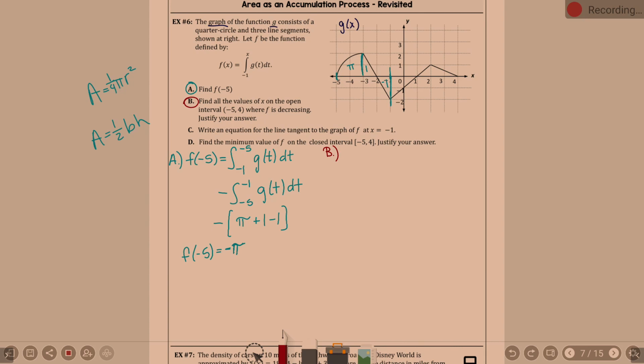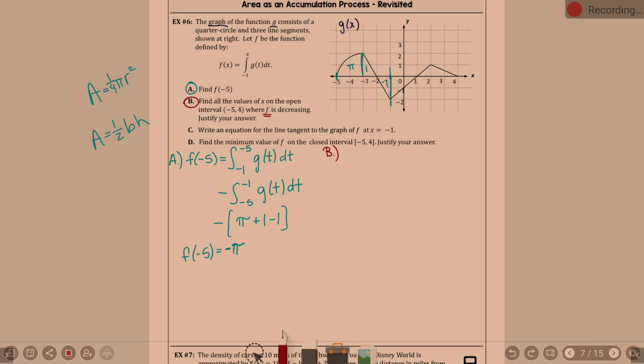We're being asked about f, not g. What is f? F is defined to be the integral of g, so g is the derivative of f. So it's -2 to 1, because it's below the x-axis.